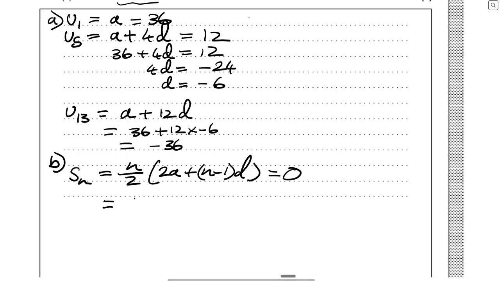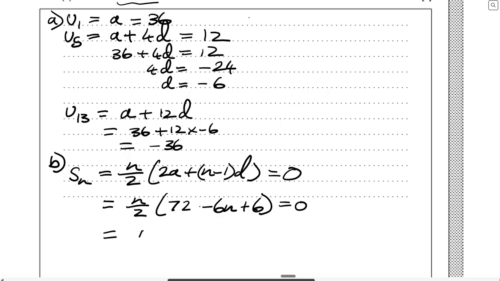So n over 2, and usually we have a quadratic equation. So 72 plus, we know d is negative 6, so negative 6n plus 6, so this would be 78, is equal to 0.